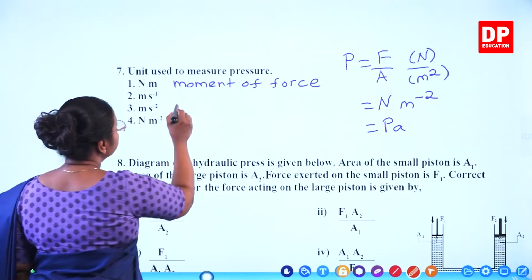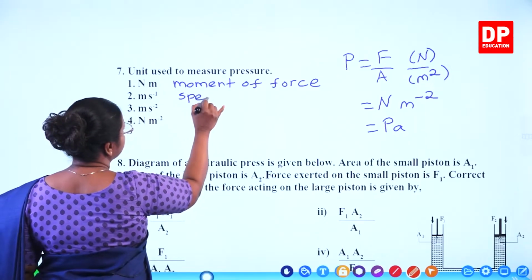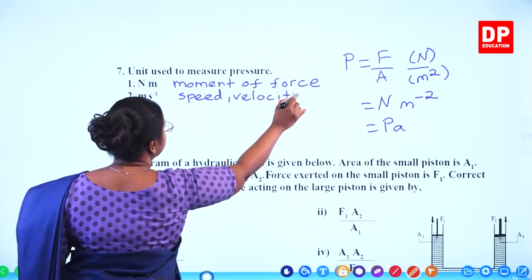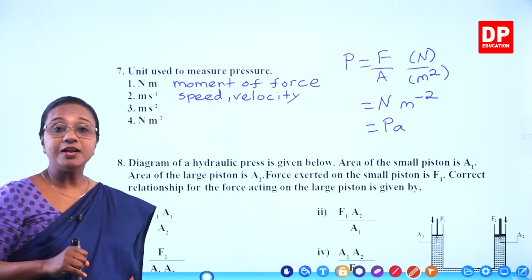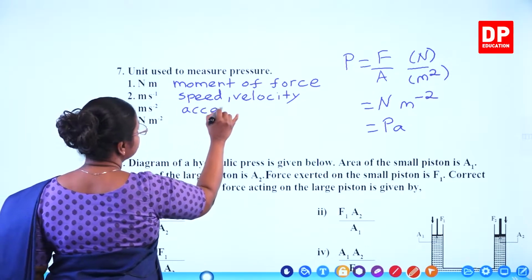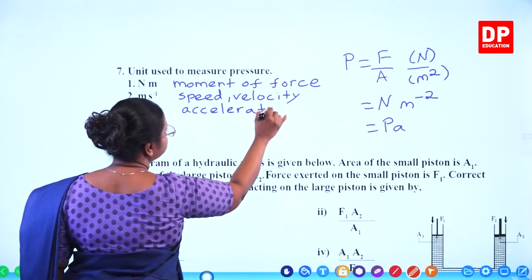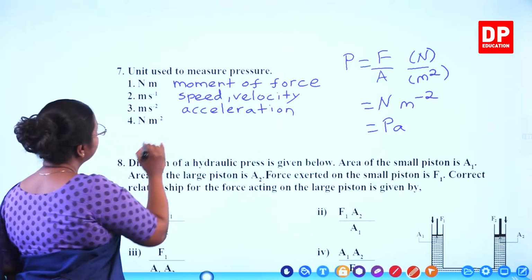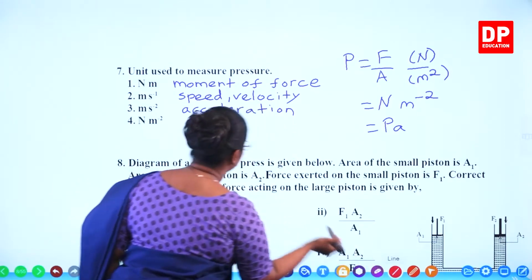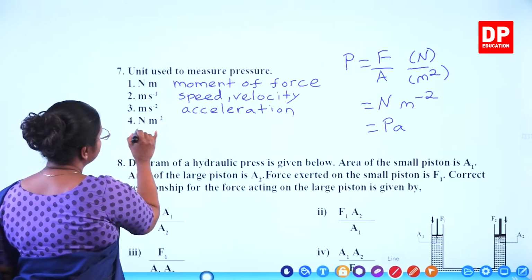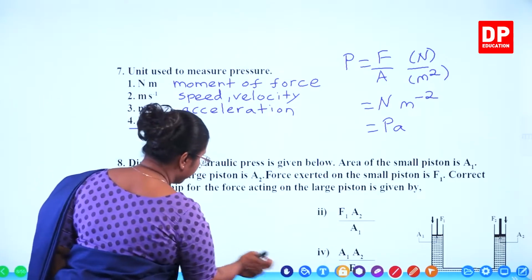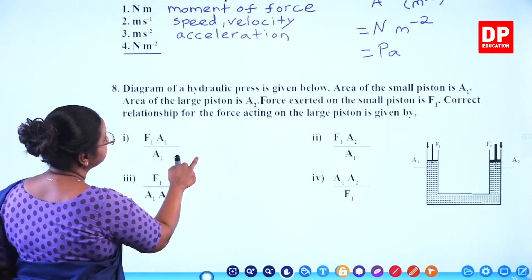That is for speed and velocity. Then meters per second squared. Acceleration, deceleration. And then the last one, Newton meter minus 2. So that is pressure. So unit used to measure pressure is Newton meter minus 2. So that's the correct answer. Then the next question.